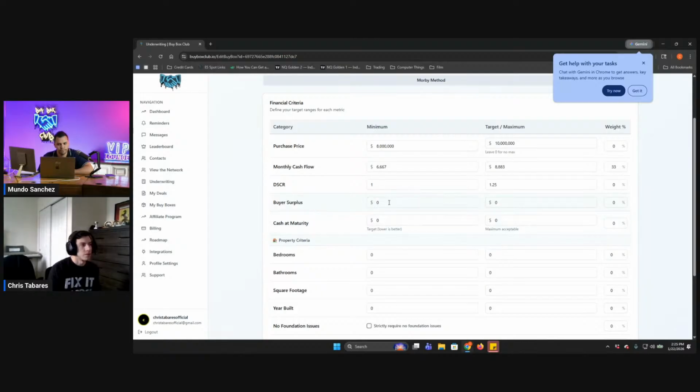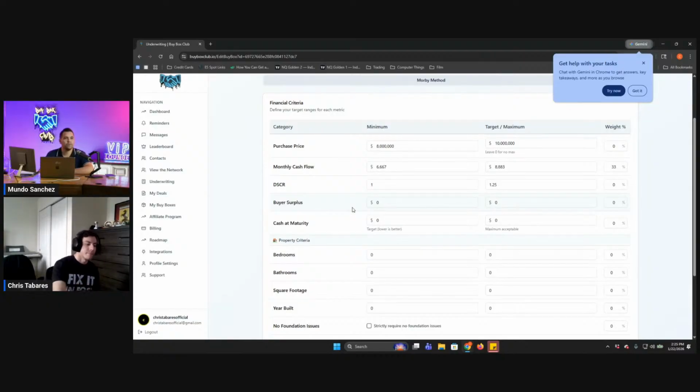As far as buyer surplus goes, my initial reaction is, what is the buyer surplus of what he's willing to pay? Good question. Let me write this down. This is more of a Morby Method specific.